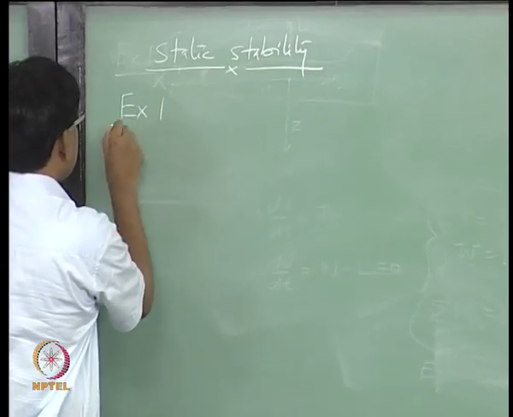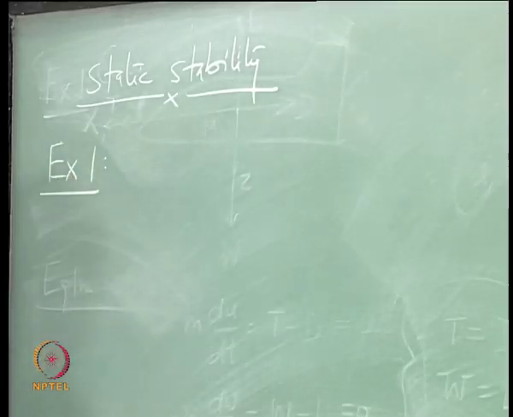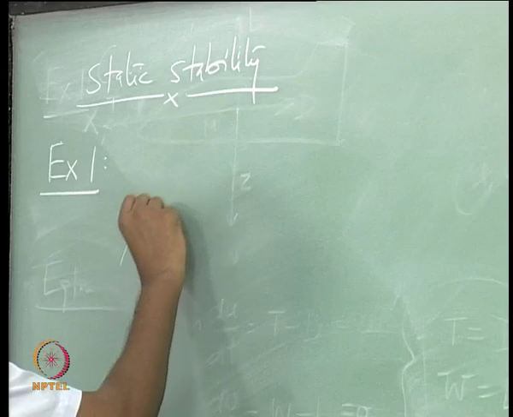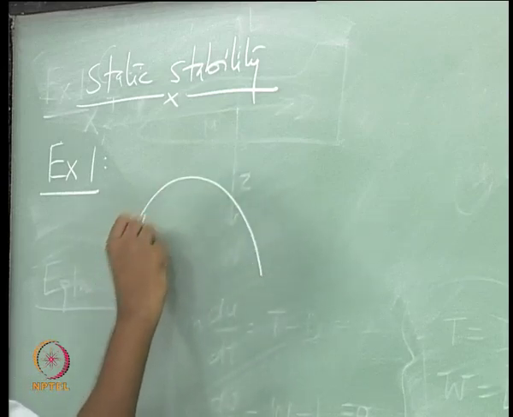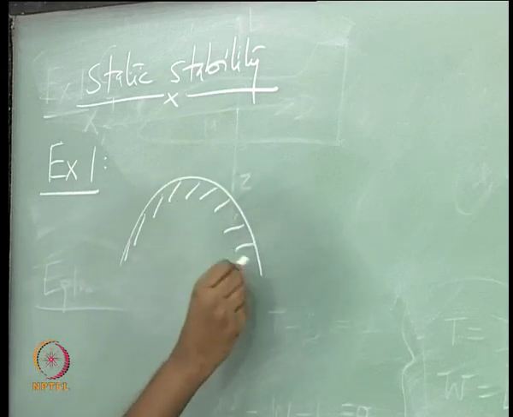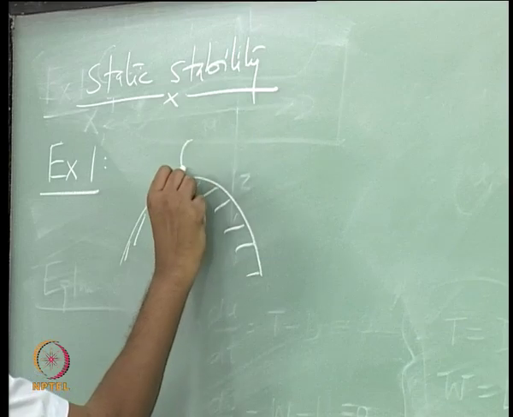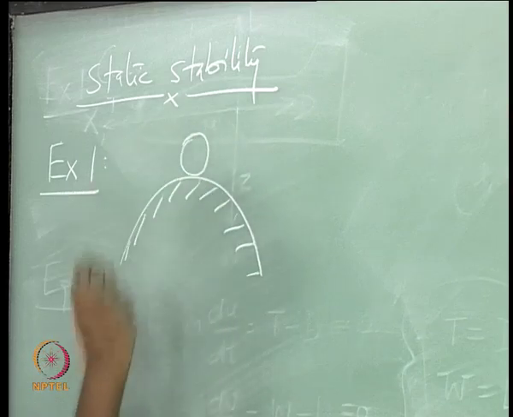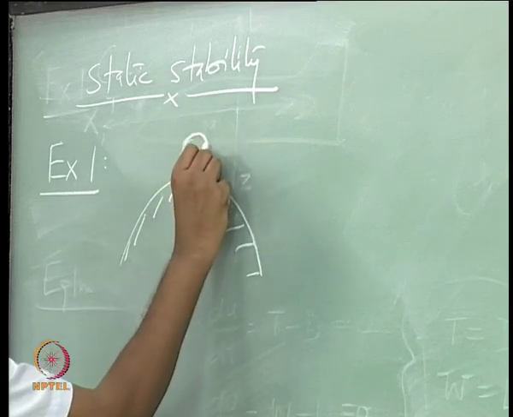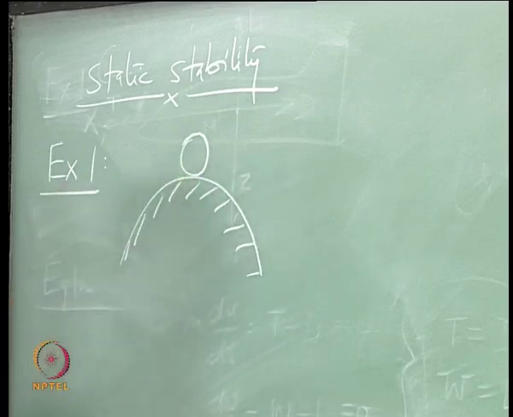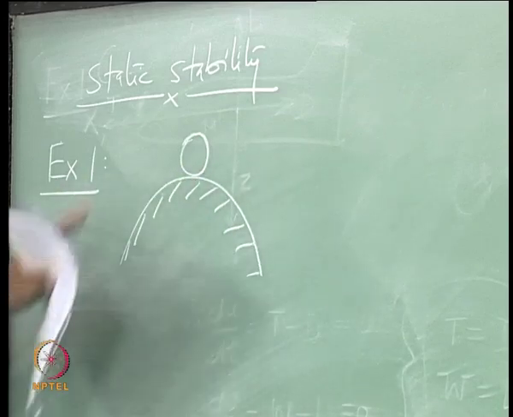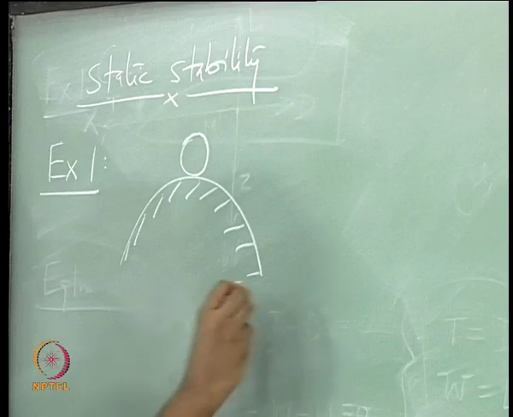So, look at simple examples. Let us look at example 1. So, we have, let us say in this case, a ball sitting on top of this hill.